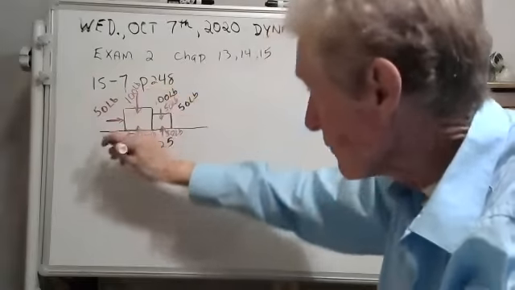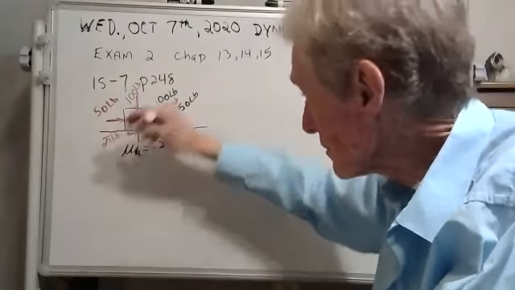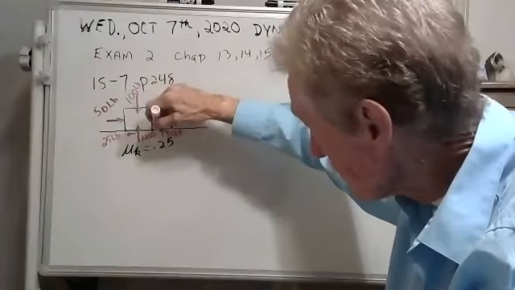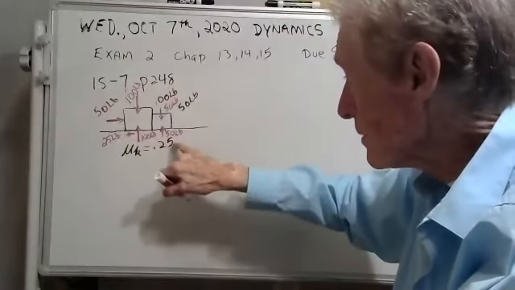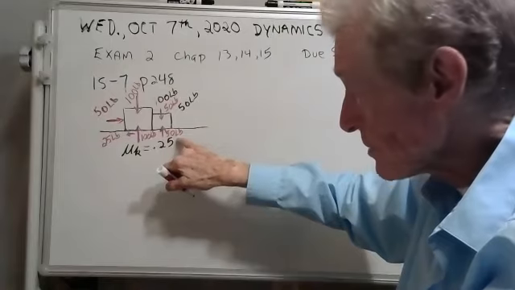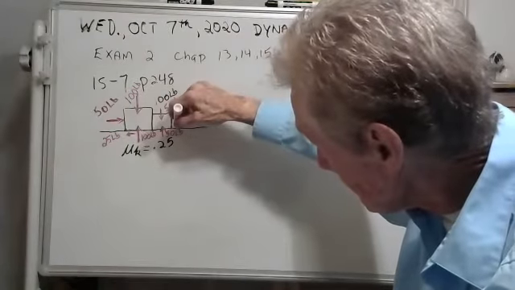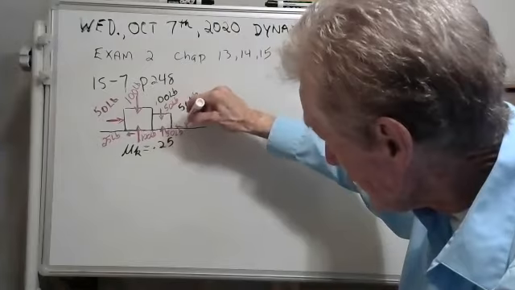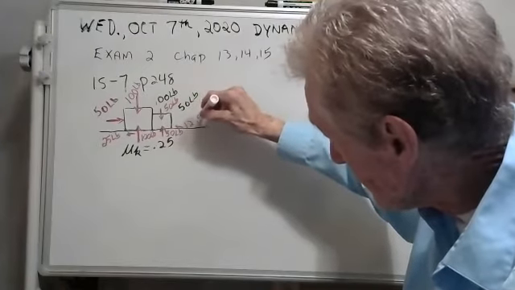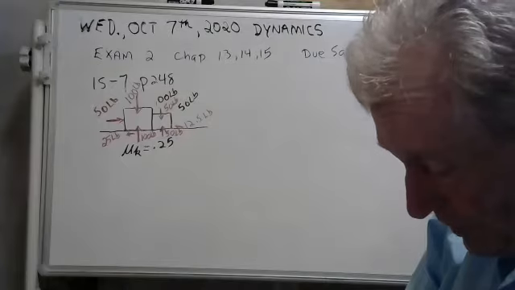We have a 25-pound friction there, and we have a 25. No. That'll be 0.25 times 50. That's 12.5 pounds, isn't it? Yeah, you're going to have 12.5 pounds. Well, that's it. That's all your red stuff.